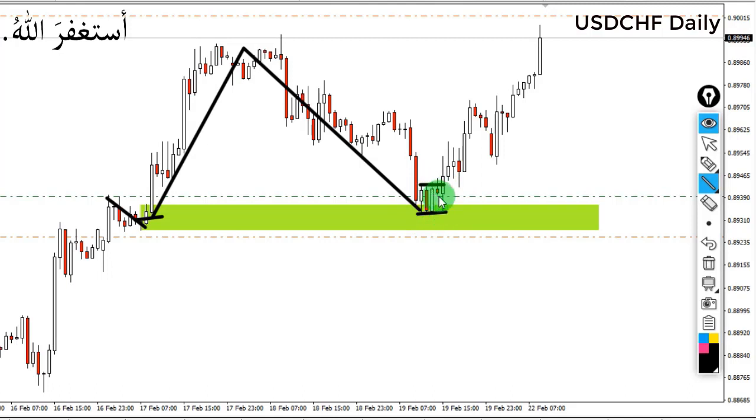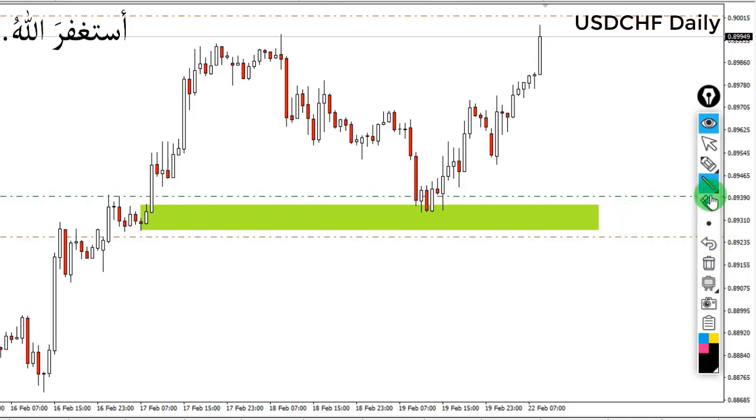After this bullish engulfing, I entered a bullish trade and my stop loss is very tight. You can see that it is right below this demand zone, and the market is running in our favor. So this is how I use supply and demand trading and price action trading combined.